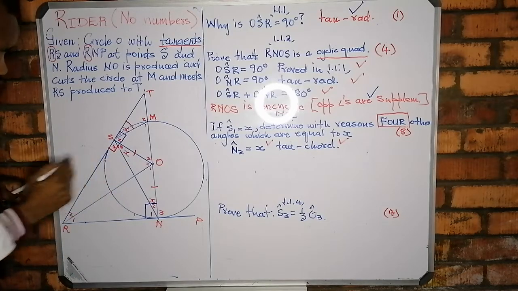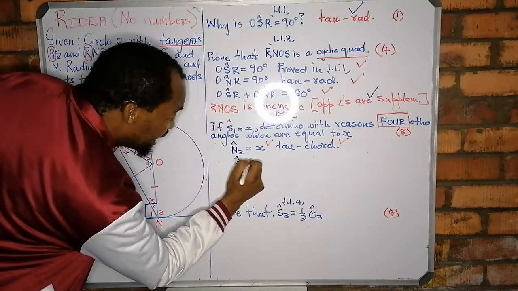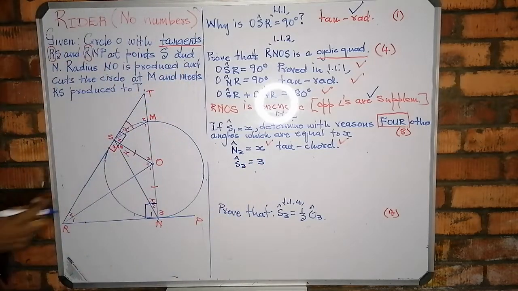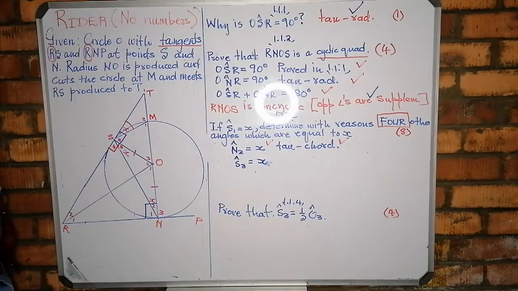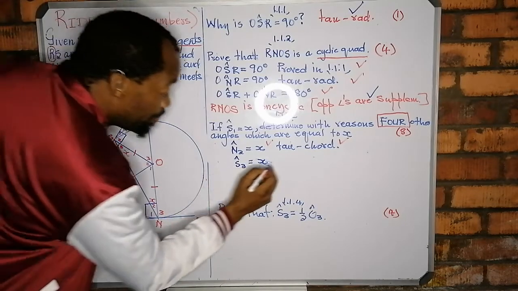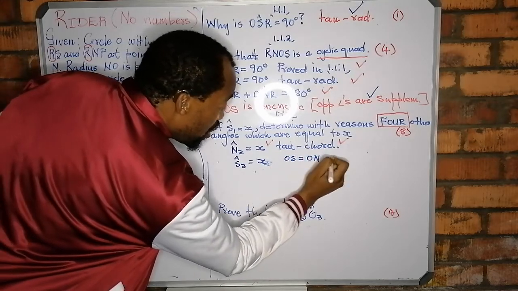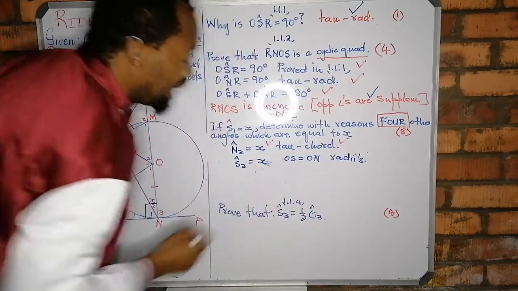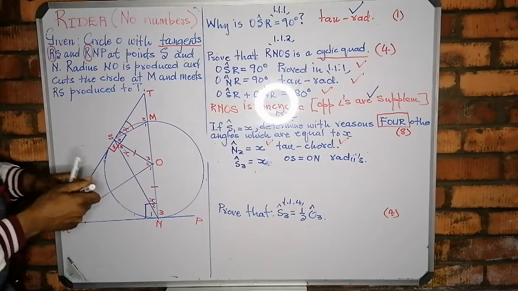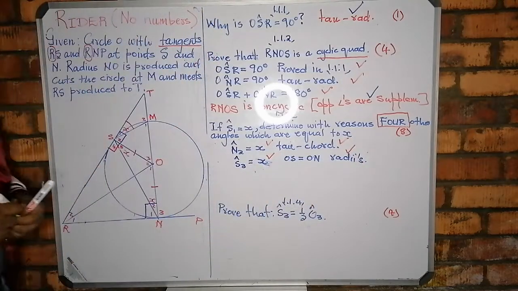Now, I'm going to say here, angle S3 is also equal to X. How do I know that? Because OS is equal to ON, which are radii from the same point. I get 1 beautiful mark for that.